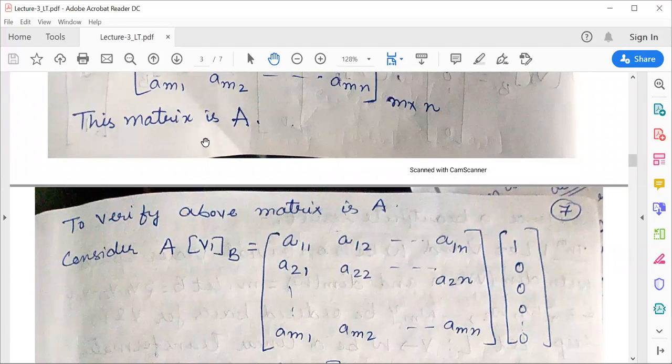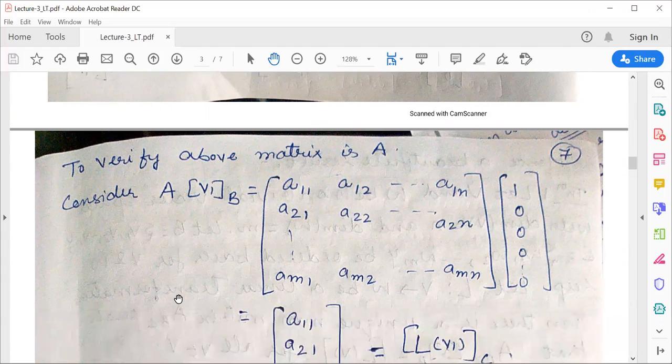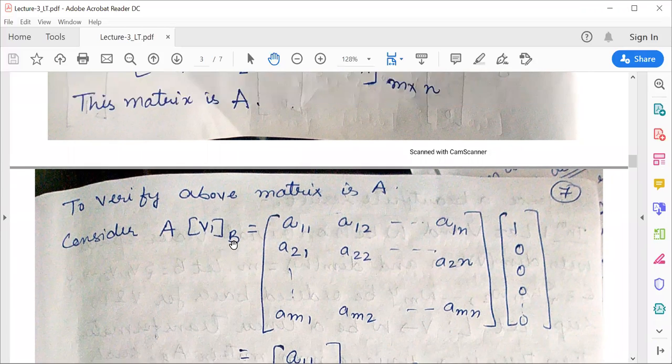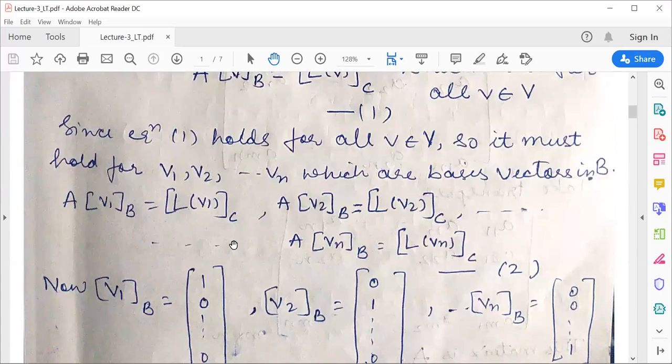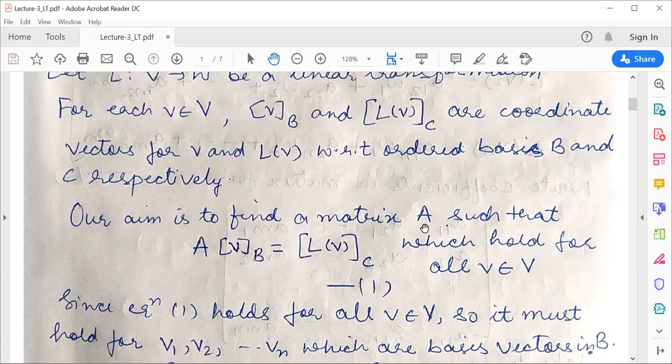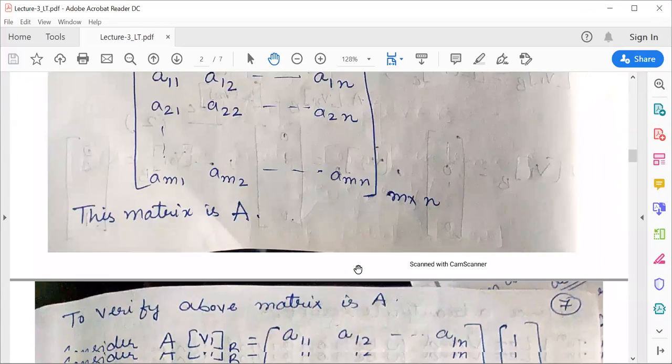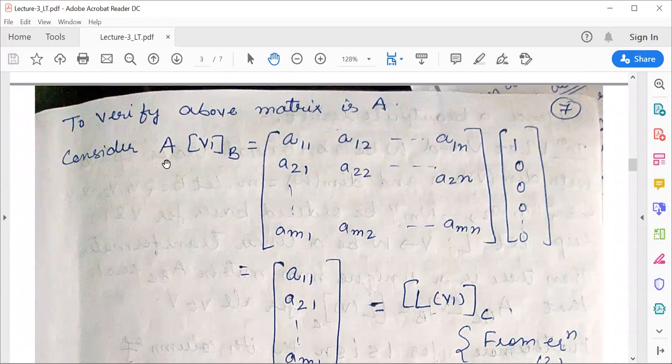Now, to verify that the above matrix is A, let me consider A multiplied by the coordinate vector of V1 with respect to basis B. Because in the starting itself, what we stated is, we want to find a matrix A such that A times the coordinate vector of V with respect to basis B is equal to the coordinate vector of L of V with respect to the ordered basis C. Let us consider A times V1 of B. Substitute the values of A and V1 of B, both of which we have already calculated.